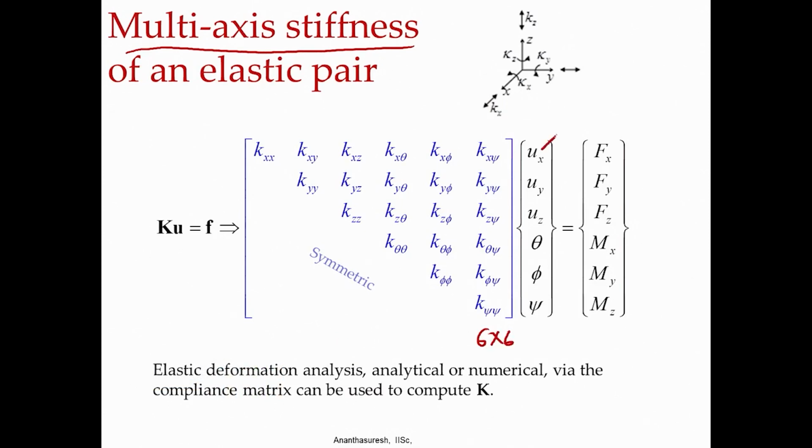That is, we have translations about x axis, y axis and z axis, and also rotations and corresponding forces and moments. Okay. So, between two relatively rigid bodies, these flexures are giving this multi-axis stiffness.